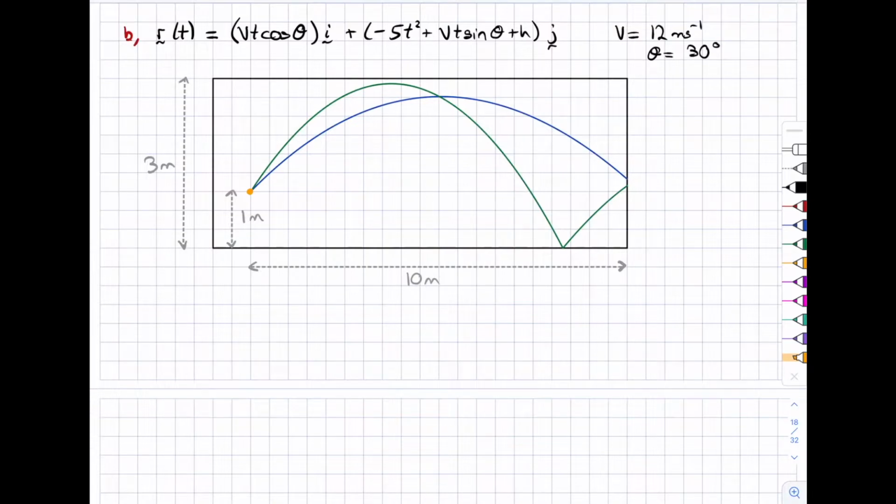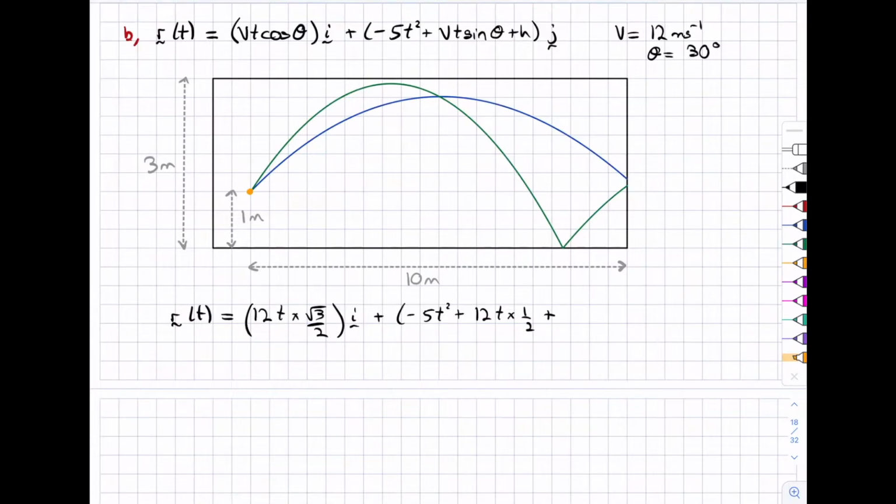So for our particular scenario, we've got r(t) equal to V, which is 12, t cos theta, that's cos 30, and cos 30 is root 3 on 2, times i, plus negative 5t squared, plus 12 t sine theta, so sine 30, which is a half, plus h.